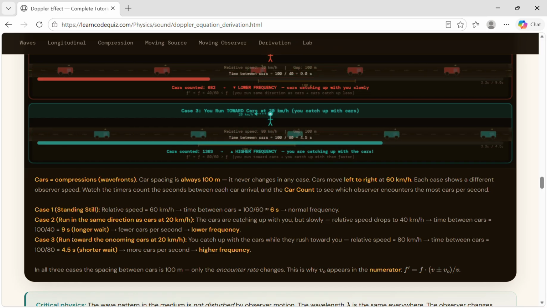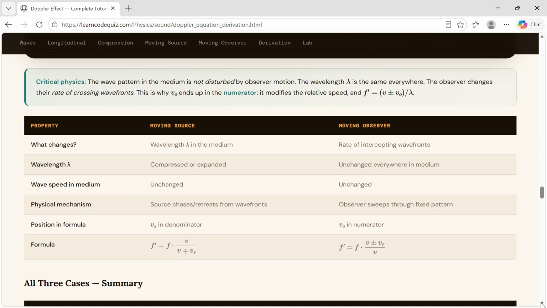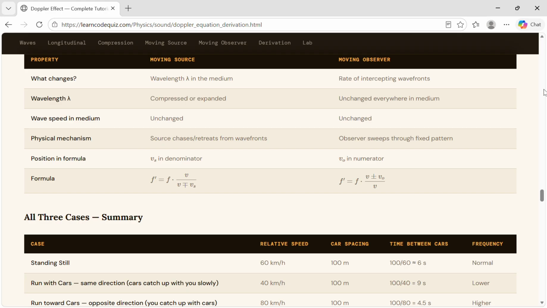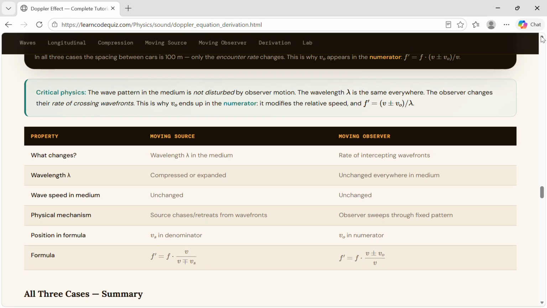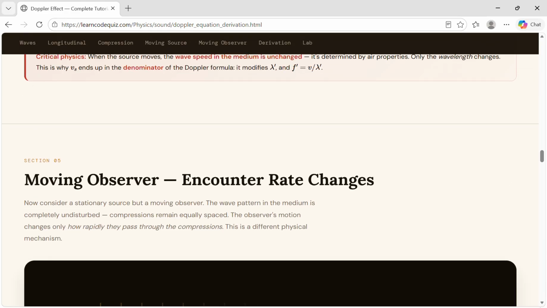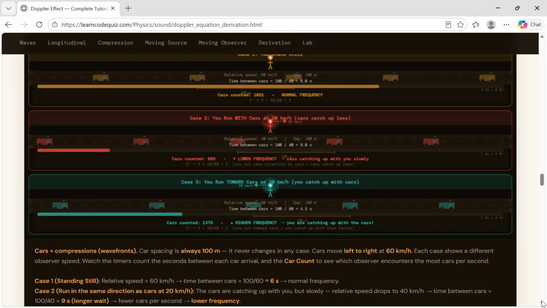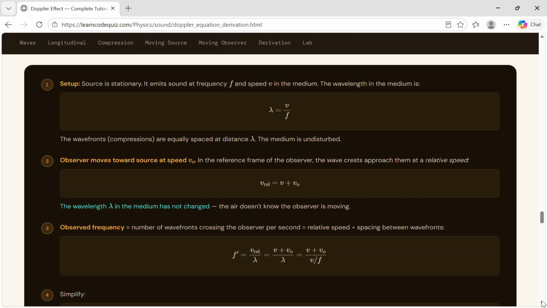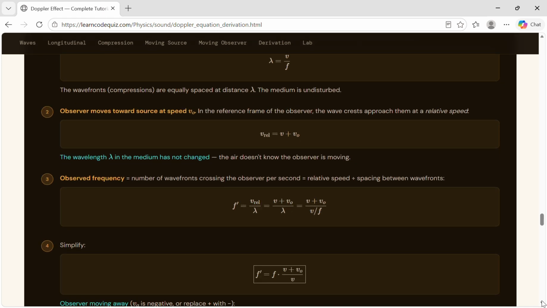So now if you try to understand and unravel that equation, it will be easier to understand where we are. Okay, so here's the thing. This equation we already know, V is equal to lambda f. The observer moves towards the source at speed V naught.